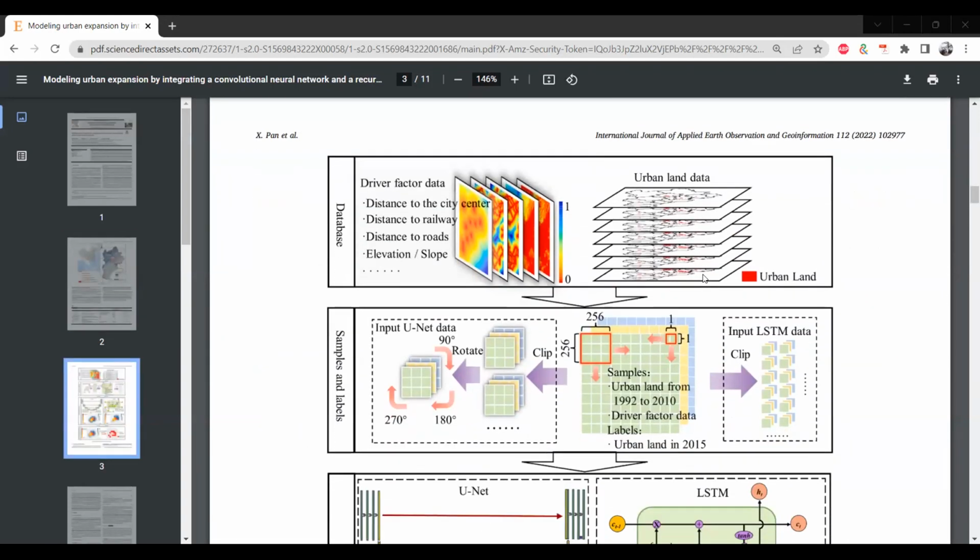They're using convolutional neural network and recurrent neural network models in order to predict the chance of a pixel to transform from non-urban to urban. First they used the data from 1992 to 2020 to validate the model and then to choose the best model to predict for the years 2021 to 2050.